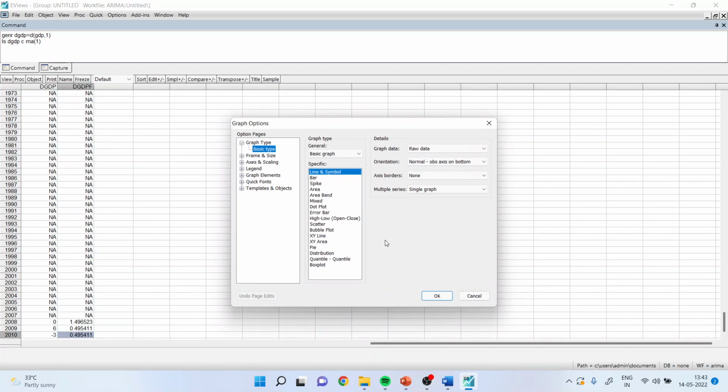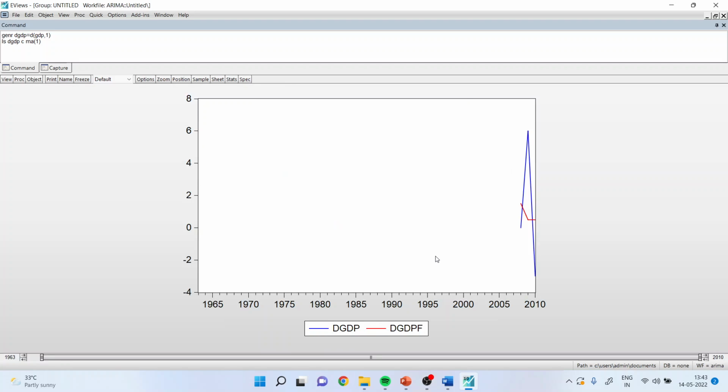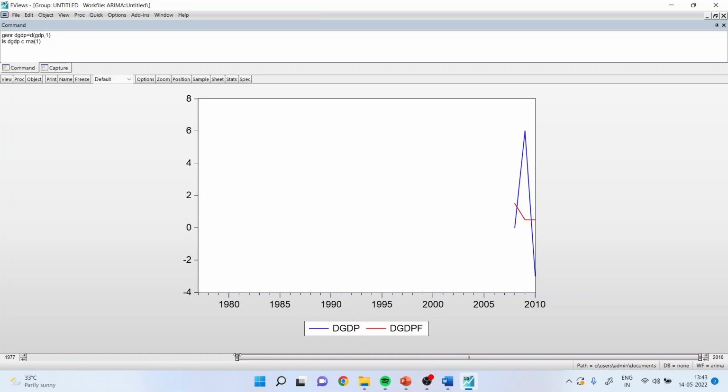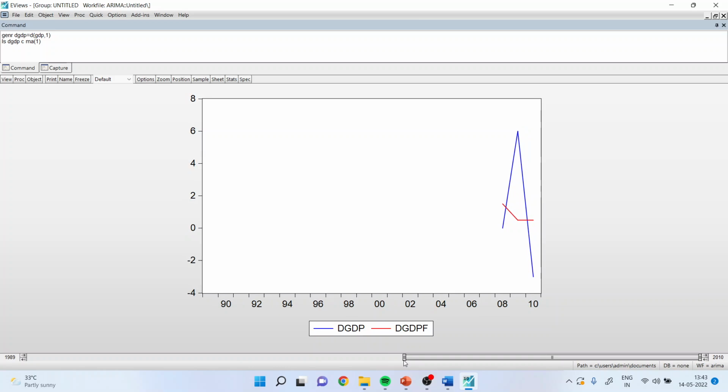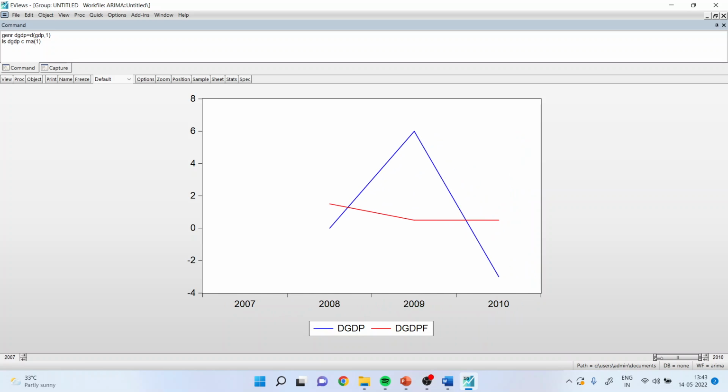Graph. Click OK. And I got the graph. Now I can just drag it from here, or rather I'll drag it from this side. Filter appropriate curve. How well the curve is fitting. You can see here the actual and the forecasting.